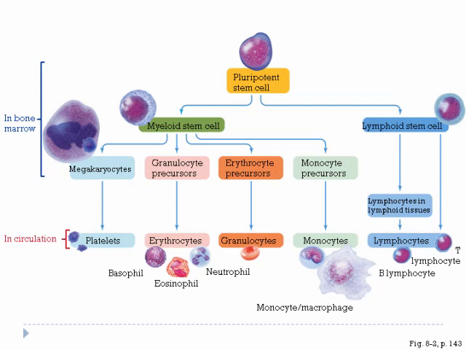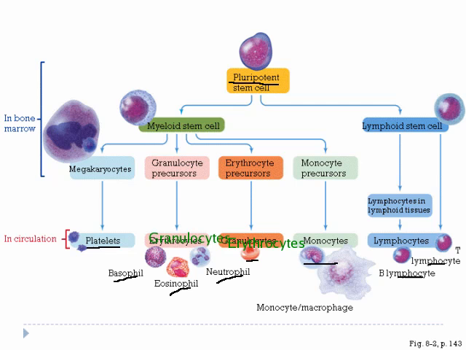So I'll run through it again quickly. So let me put our correct labels. Okay. So this pluripotent stem cell can become any of our cell types. It can become platelets, basophils, eosinophils, neutrophils, erythrocytes, monocytes, or either type of lymphocyte.